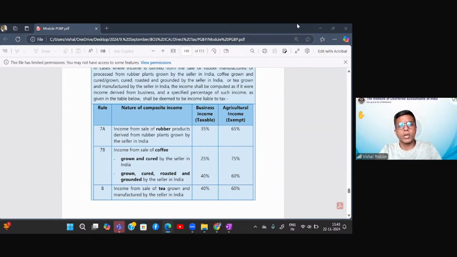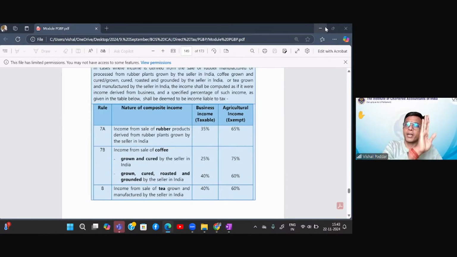So this is what we call composite income or combined income. Now, in this particular case, the law has said that, okay, prepare your P&L, you have done the entire PGBP working, you get your PGBP income. But this PGBP income is composite because some part of it is agriculture, some part of it is manufacturing, but you have got a single net profit.